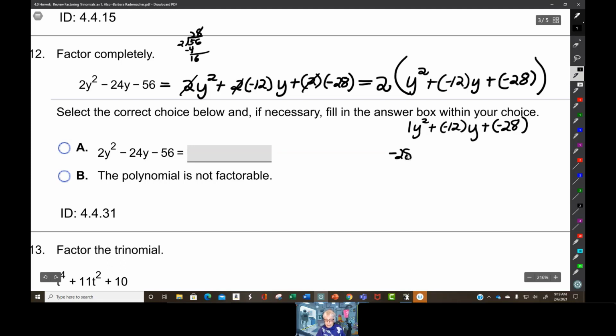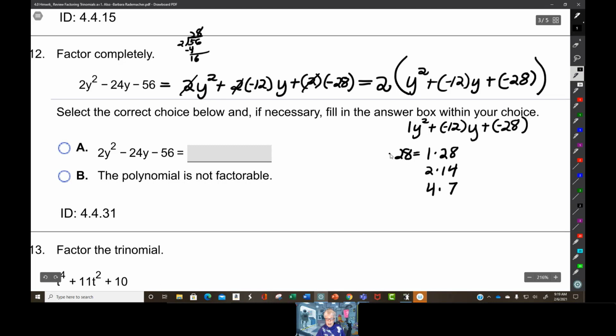Negative 28. I'm going to pretend for a minute that 28 is positive, and just write the positive factors. 1 times 28, 2 times 14. No, 3 won't go. 4 will though. 4 times 7. 5 won't go. 6 won't go. And 7 will, so it turns around.